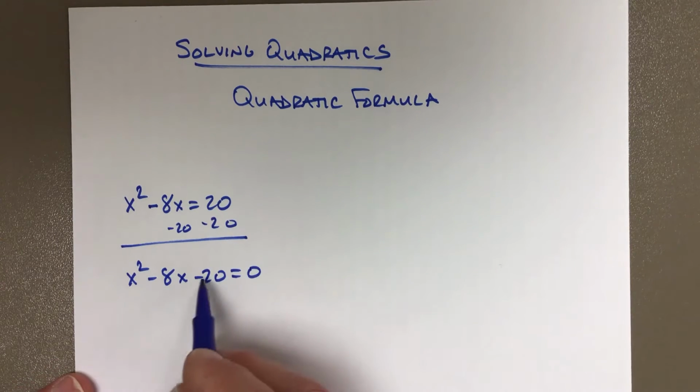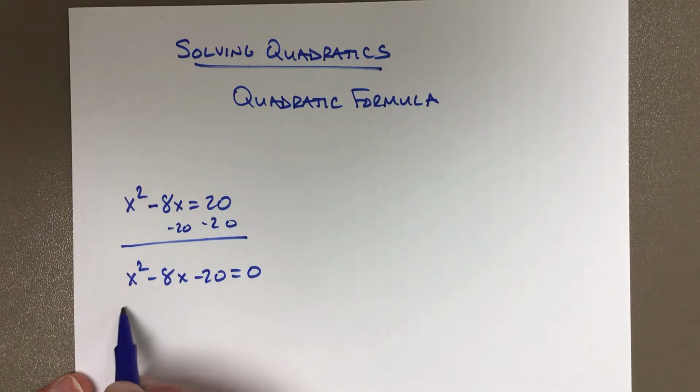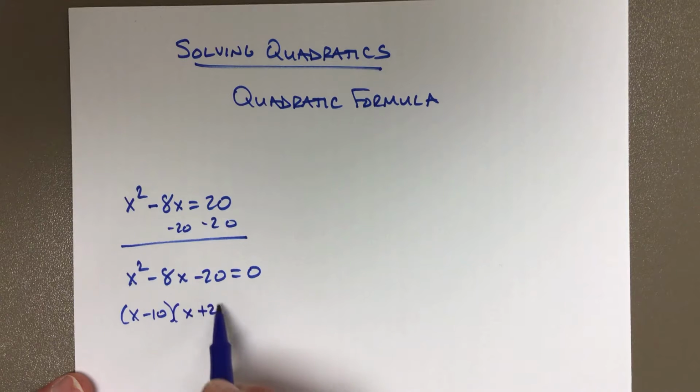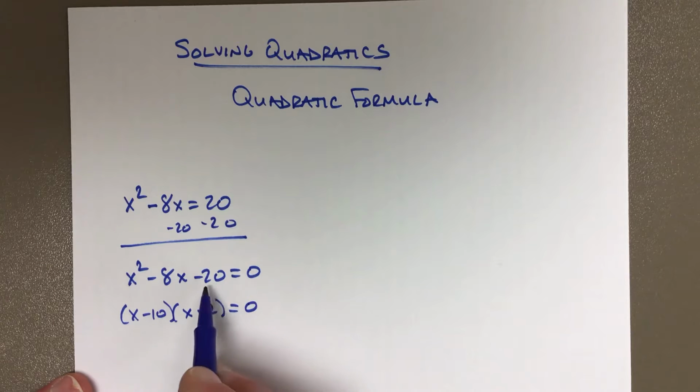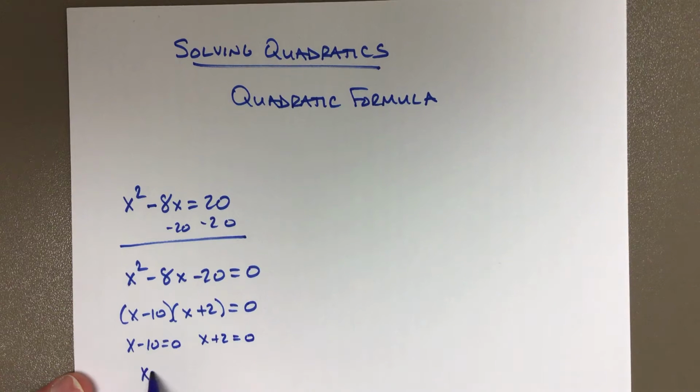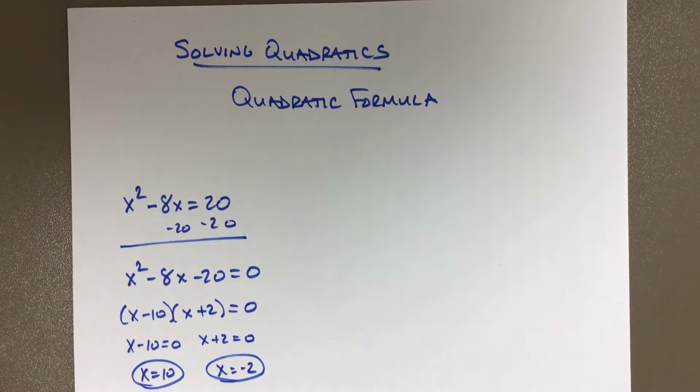The factors of negative 20 that give me negative 8 are x minus 10 and x plus 2 equals 0, because negative 10 times 2 is negative 20, and negative 10 plus 2 is negative 8. Then we set these equal to 0, and x is 10 and x is negative 2. Those that are pretty good with factoring can do it this way.